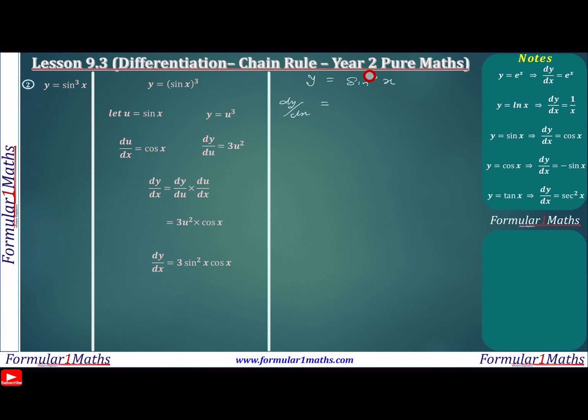So I'm going to get 3 sine squared x, then d dx of sine x. If you differentiate sine x, you get cos x. So times cos x. And that is exactly what we got over here in just 2 steps. That's why it's important to know how to differentiate this using this process here.